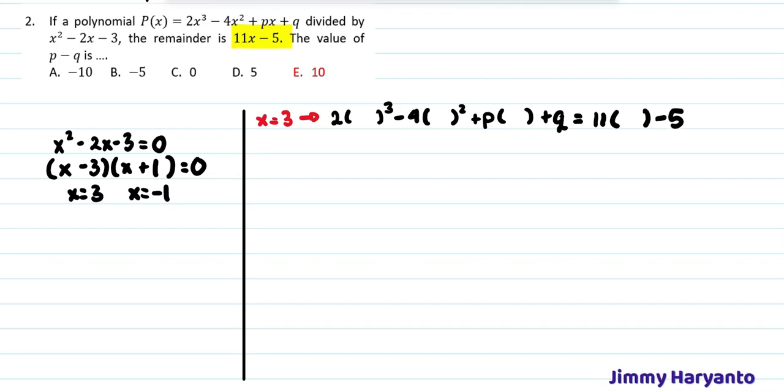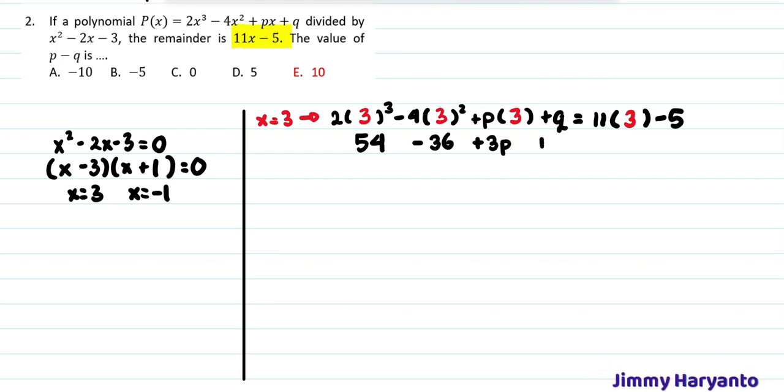Because we are talking about x equals 3, that means we have to input the 3 into the x like this. As simple as that. You only have to memorize the workings, and then this one will be 27 times 2, 54, and this one is 9 times 4 is 36, this one is 3p, this one is q, equals 33 minus 5 is 28.